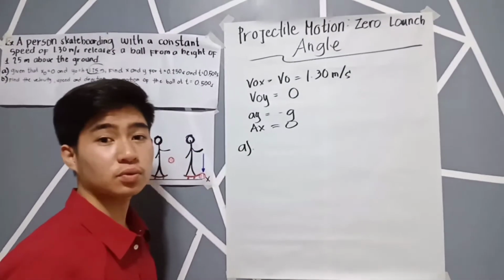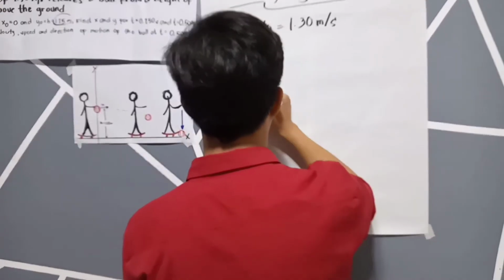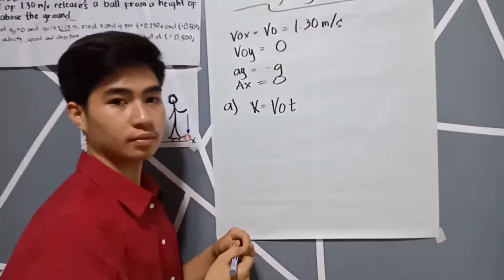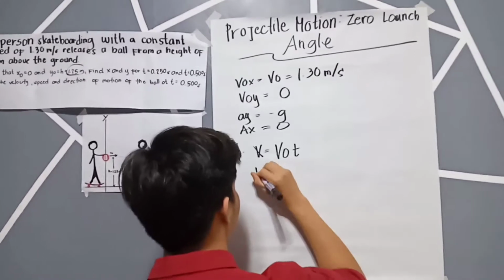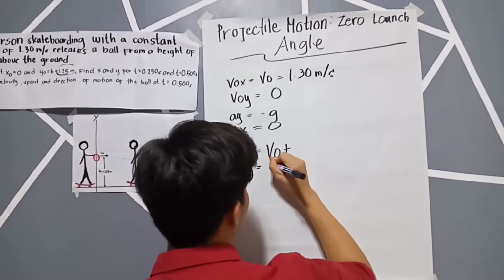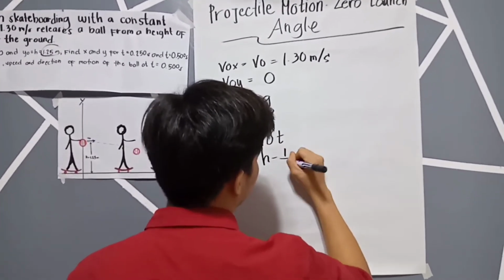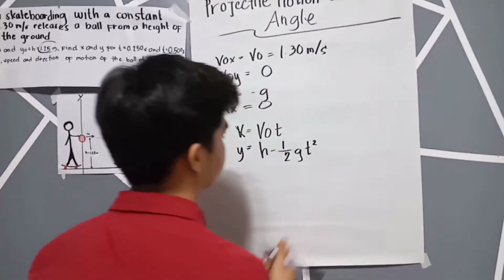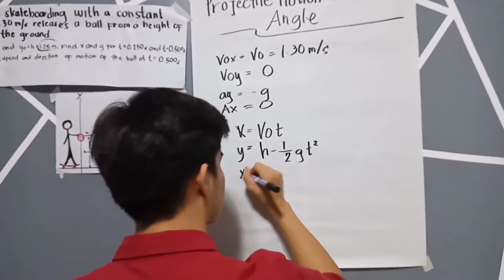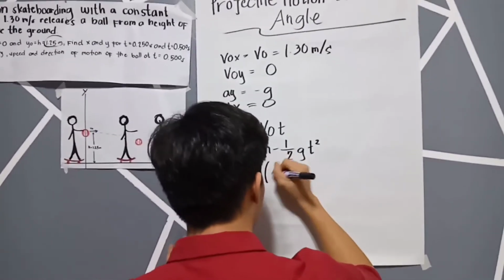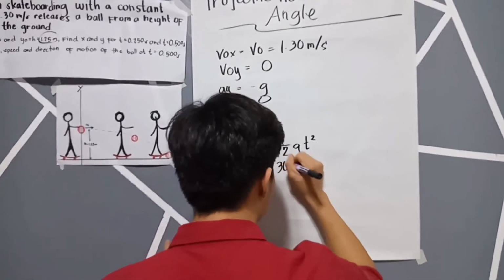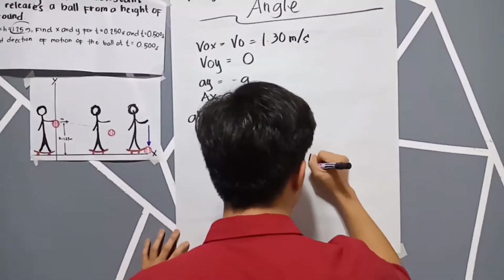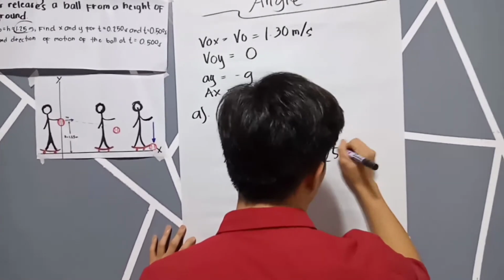For letter A, to solve for x and y, we have the equations x is equal to v sub o times t, and y is equal to the height minus 1/2 g t squared. So for x, it is 1.30 meters per second times 0.25 seconds.